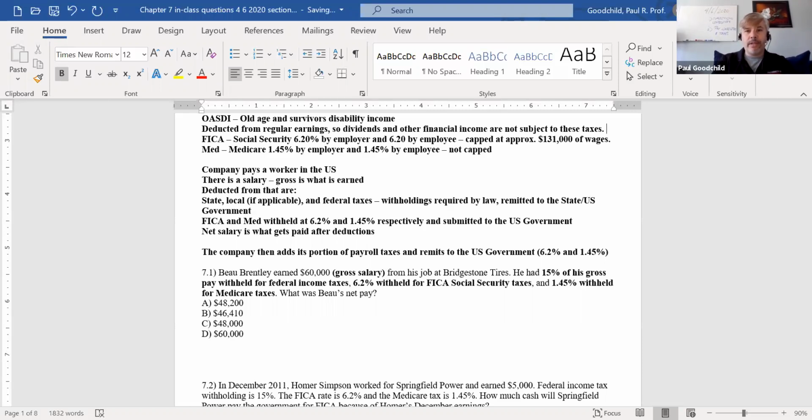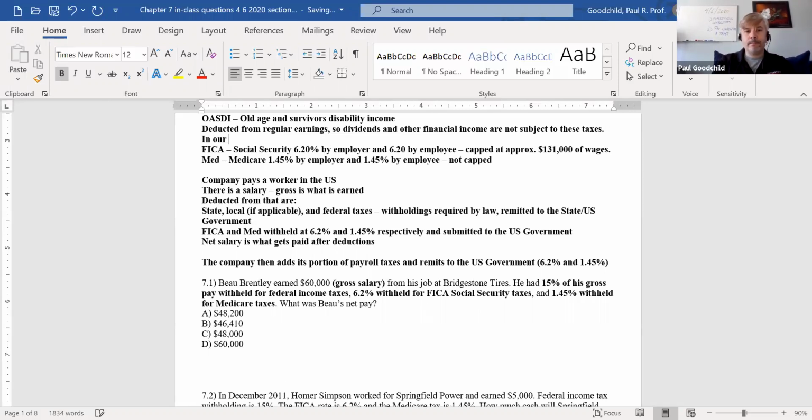In our new kind of gig economy, where many workers are not employees, they're 1099 contractors.